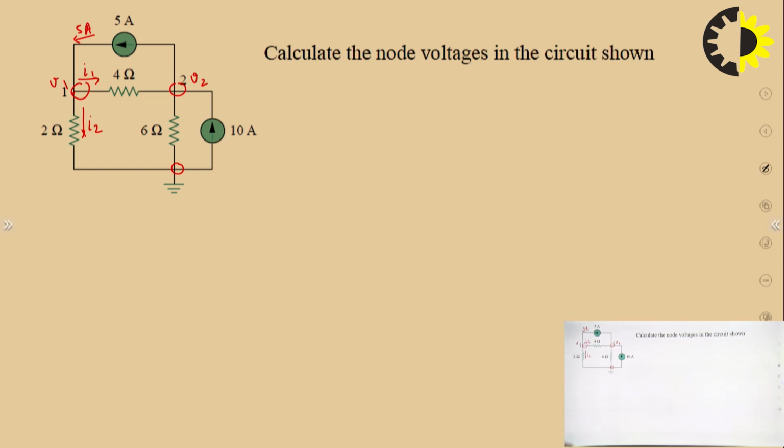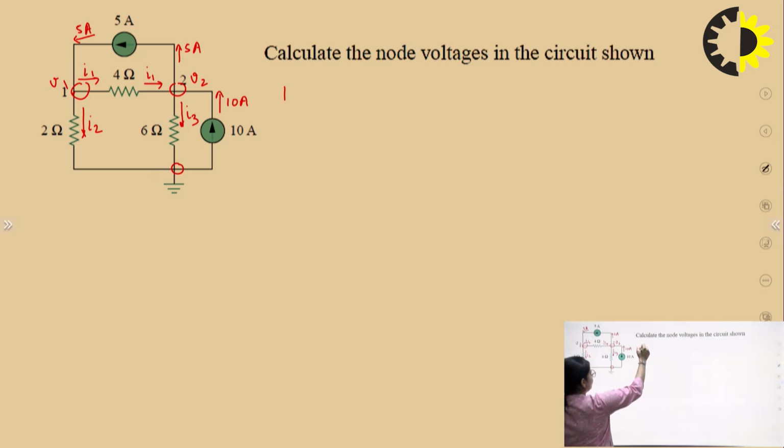Now, at node 2 also mark the currents. Say this is current I3, this current is again I1, this current is 5 amperes and this is 10 amperes current. Now we have marked all the currents on the nodes.